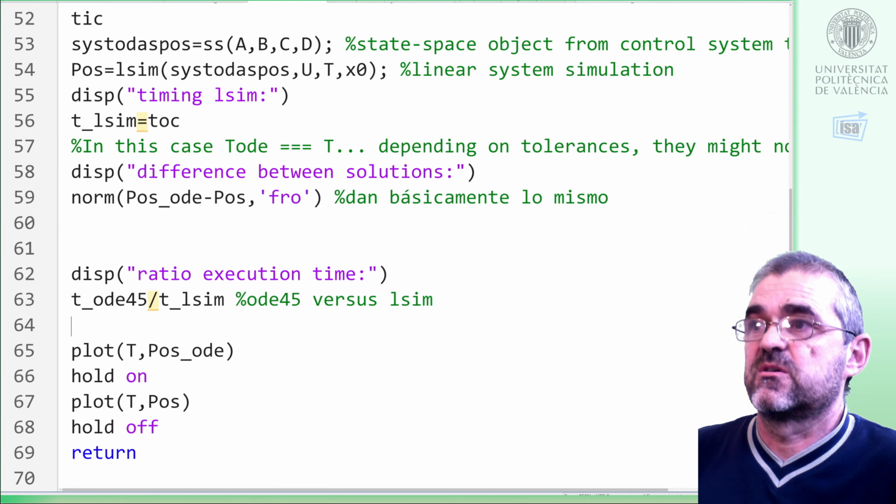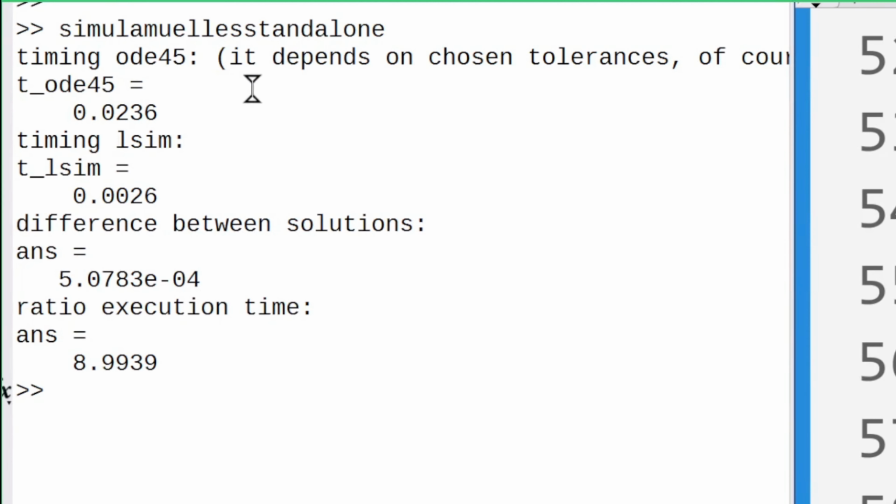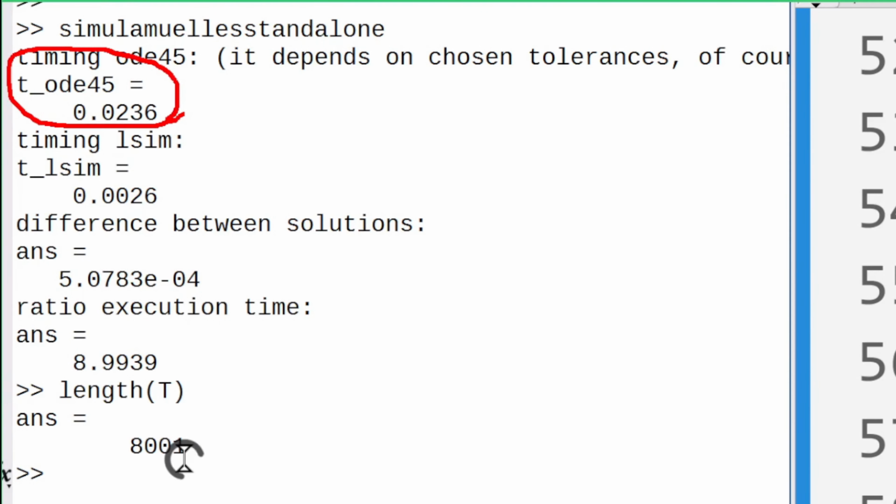Let's see. So if I run this code, we can see, for instance, that ode45 took 24 milliseconds to run this simulation, 8,000 samples plus the initial condition, and that lsim from the control toolbox took 2.6 milliseconds. So lsim was 9 times faster in the simulation.